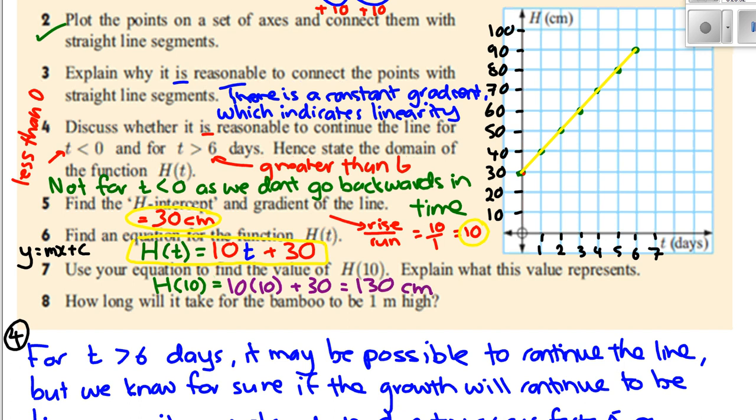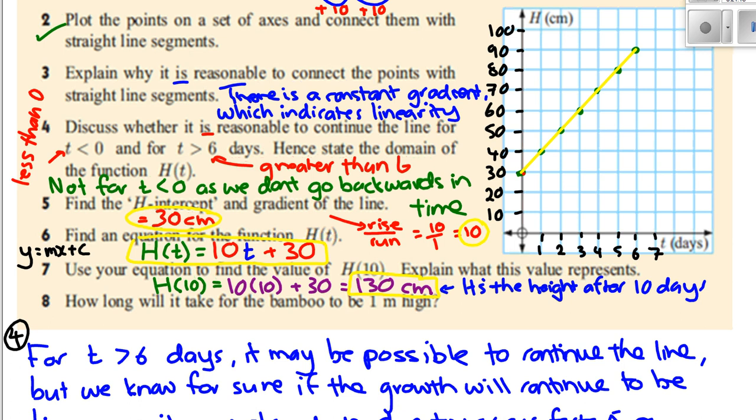So explain what this value represents. It's the height after 10 days. It's right there. Feel free to use the space down the bottom of the page if you are having trouble fitting it in here. It's the height after 10 days.